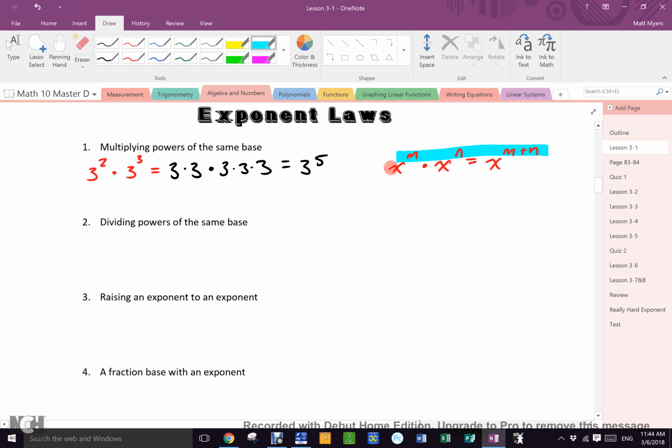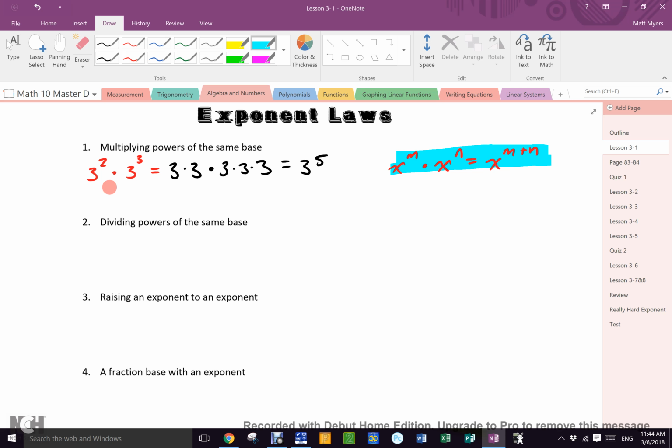That's the rule. Please notice that the x stays the same. It is not 3 squared, 3 cubed. It is not 3 times 3, which would be 9 to the 5th. The base doesn't change. Yeah? Yeah. Every one of you knows that already.